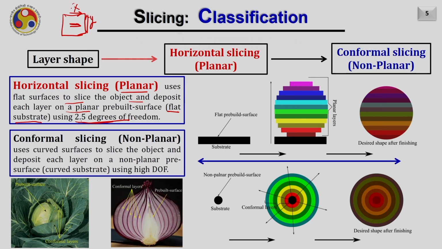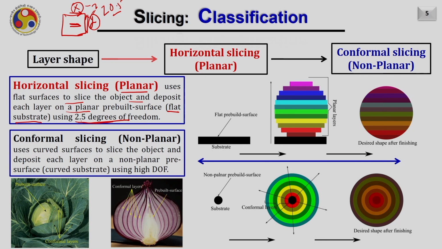So, x and y are continuously changing while depositing the material, while z is changing, but it is intermittent motion. It is not continuously changing. Hence, it is called 2 axes corresponding to xy and 0.5 axis corresponding to the z axis. Therefore, 2.5 degrees of freedom are usually required to add the material in the case of horizontal slicing.